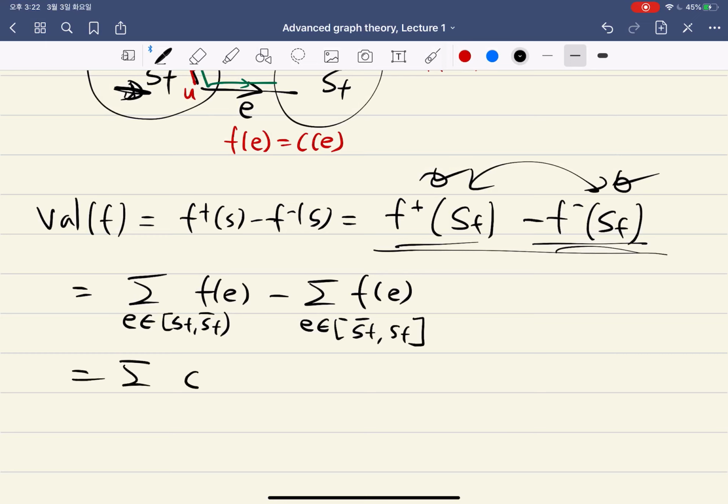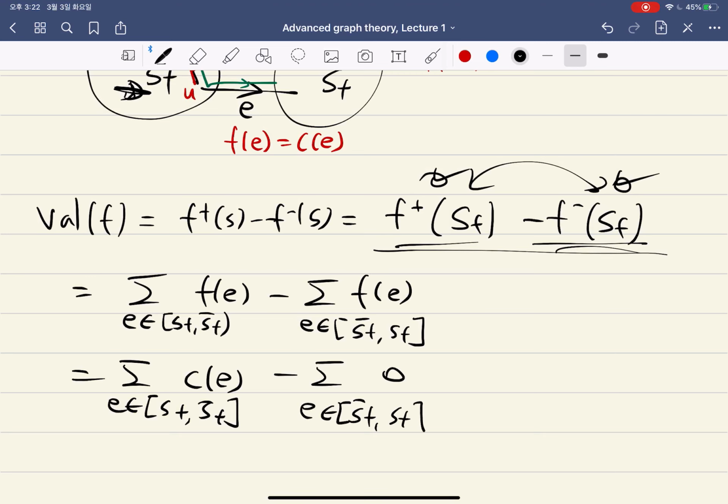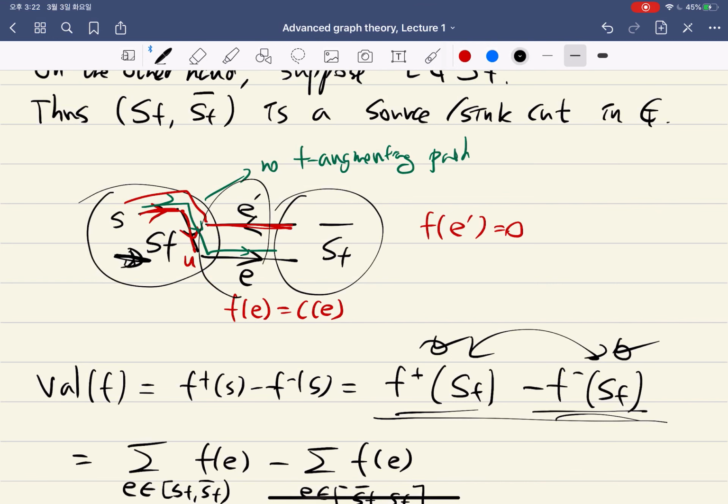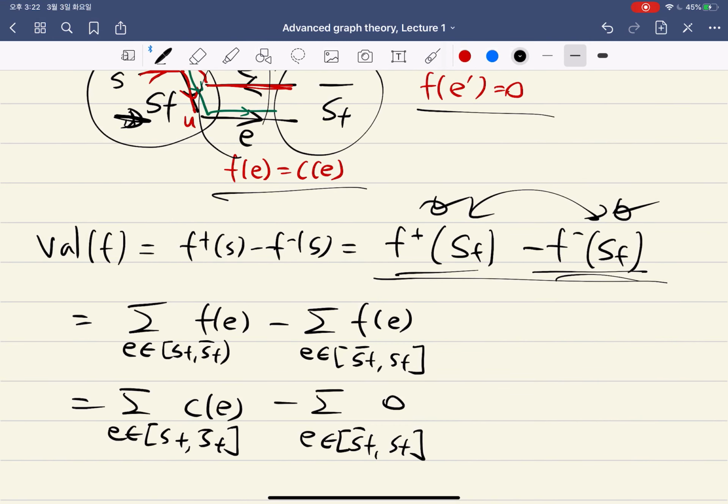And this is the same as the summation of all capacity minus the summation of 0, by the definition of S_F, by this observation. And this is the same as the capacity of S_F and its complement.